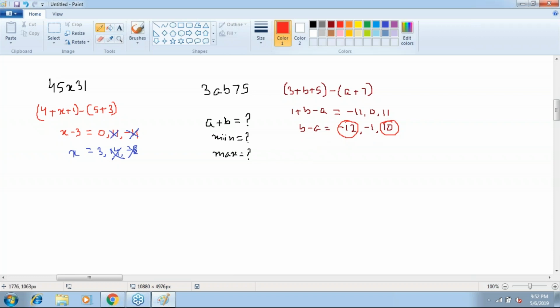So if b minus a is supposed to be minus 1, that means b is 1 less than a. So that means b and a could be 0 and 1. I think this will give you the minimum possible value, which is 1.